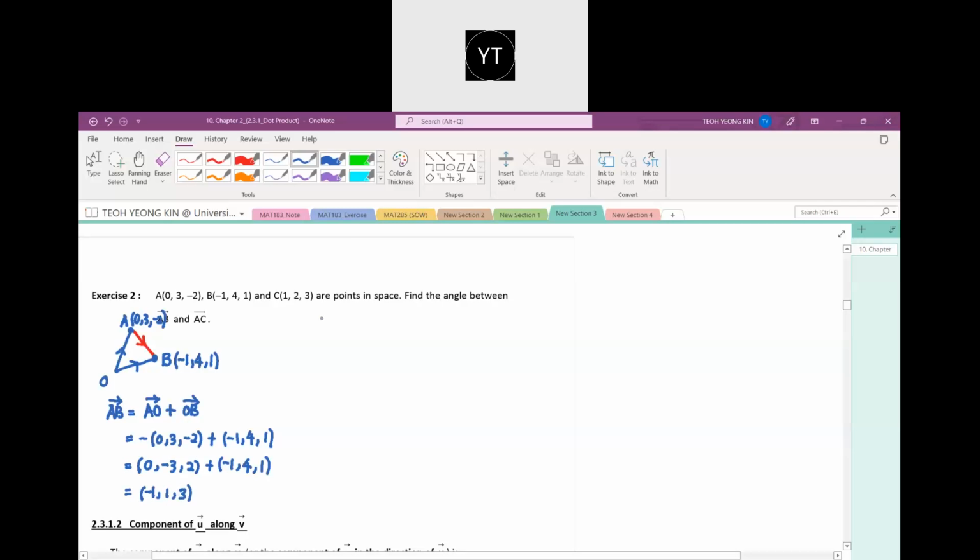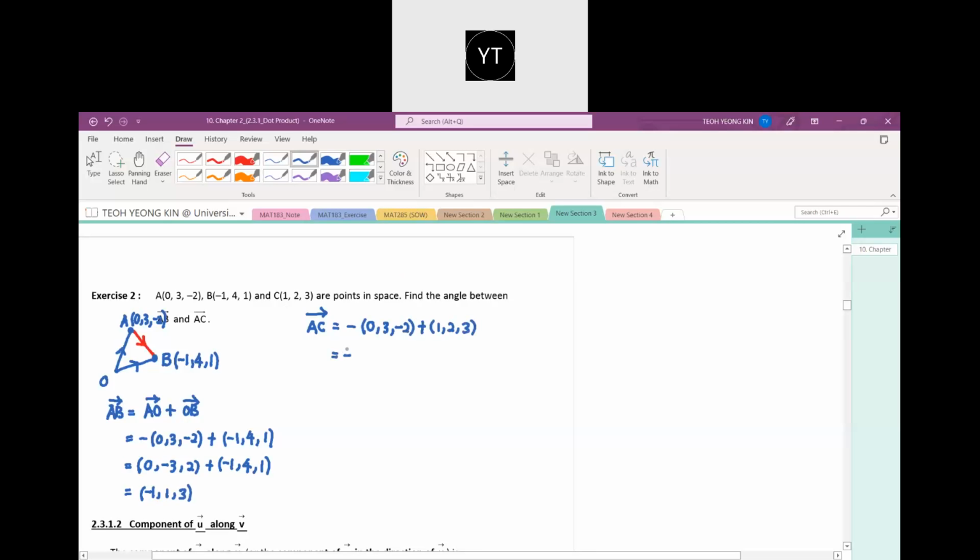Next, we try to find the vector AC using the same method. So AC will become negative 0, 3, and negative 2, plus the coordinate of C, which is 1, 2, and 3.